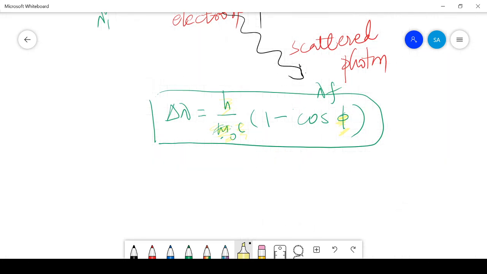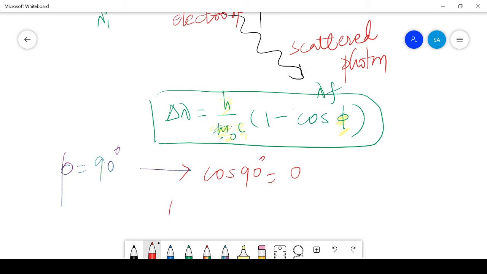Now suppose your scattering angle phi is equal to 90 degrees. What happens? The value of cos 90 degrees is equal to 0.